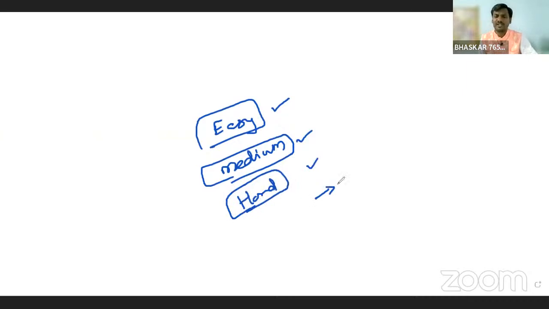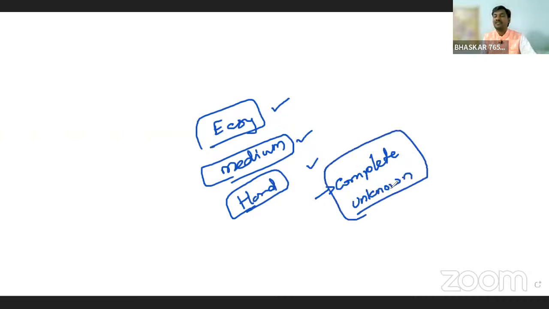Even if questions are completely unknown, try to attempt each and every question. Write the question number, write the given data, and then try. Sometimes, whenever you are trying for the solution, you will get some ideas.